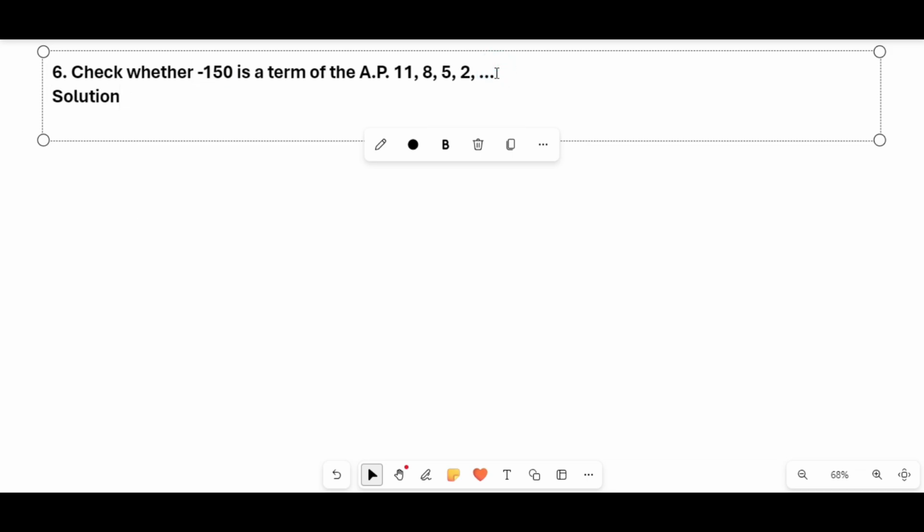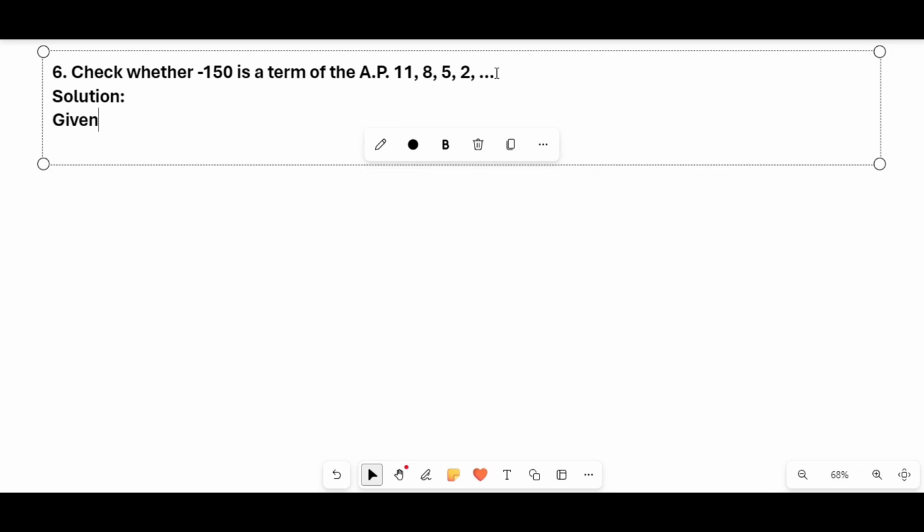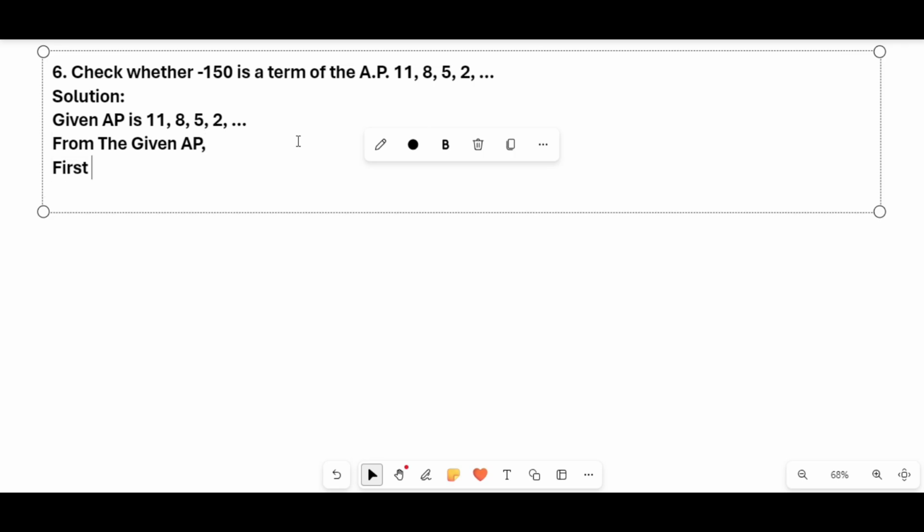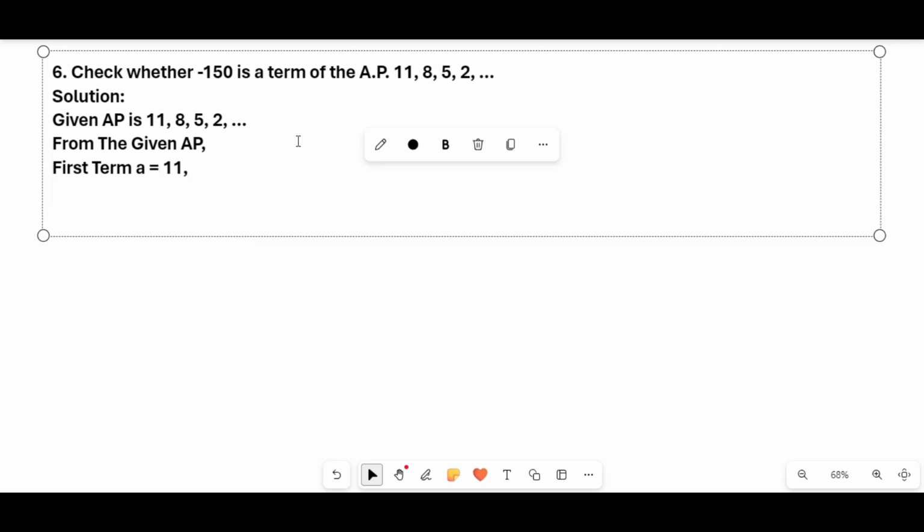Question number 6. Check whether minus 150 is a term of the AP 11, 8, 5 and so on. Solution. So the given AP is this. From the given AP, the first term is equal to 11. Common difference d is equal to tn minus tn minus 1, which is equal to t2 minus t1.